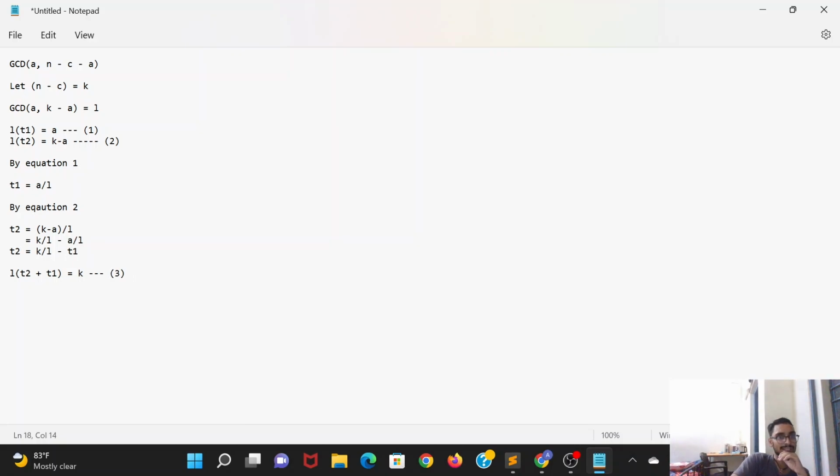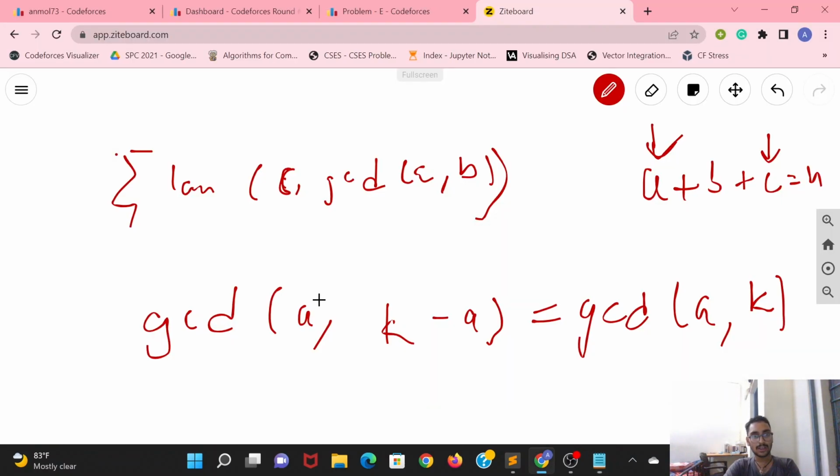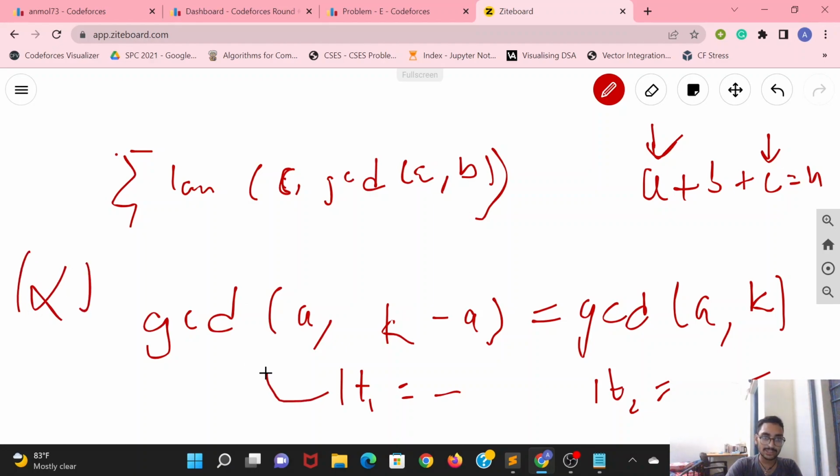Let us take this to be equation 3. Now also one thing, in equation 1 and 2, T1 and T2 are co-prime. The reason is that if T1 and T2 have some common factor, call that alpha, I can actually include this alpha in L only.